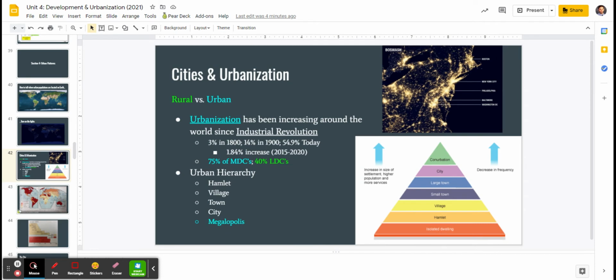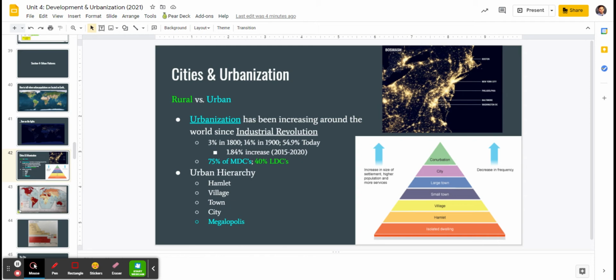Now, we talked about what rural versus urban is, right? But the general trend is that people have been, for the past couple hundred years, that is, moving from rural to urban areas. And this goes back to what we talked about in previous lessons. This is primarily caused by the industrialization process, right?